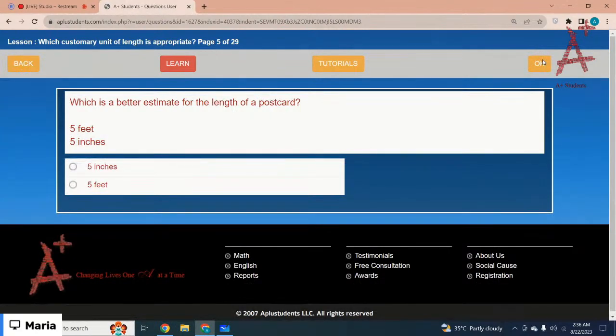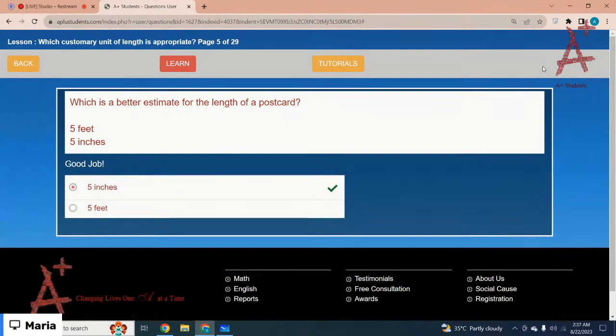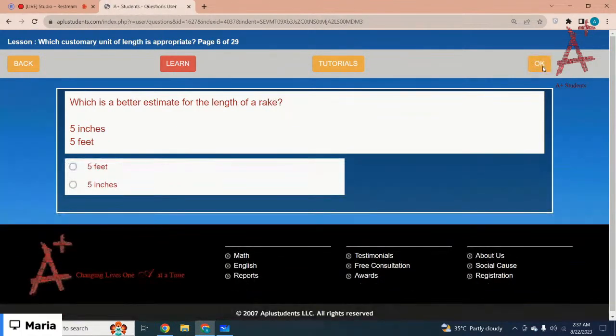Which is the correct option? That is just a postcard, right? So it would be 5 inches, because 5 feet is too long for a postcard.